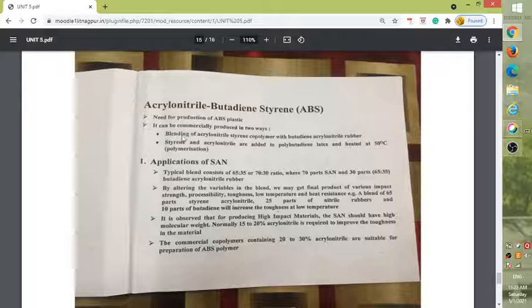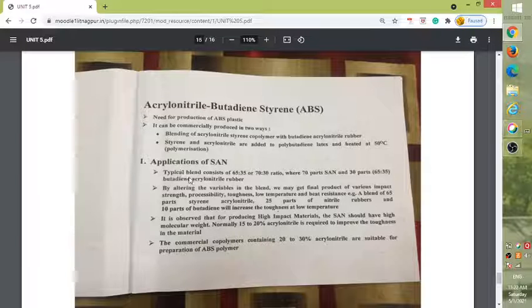Production of ABS plastic is commonly done in two ways. First, blending of acrylonitrile styrene copolymer with butadiene acrylonitrile rubber. Second, styrene and acrylonitrile are added to the polybutadiene latex and heated at 50 degrees Celsius. So the two methods I have explained already.